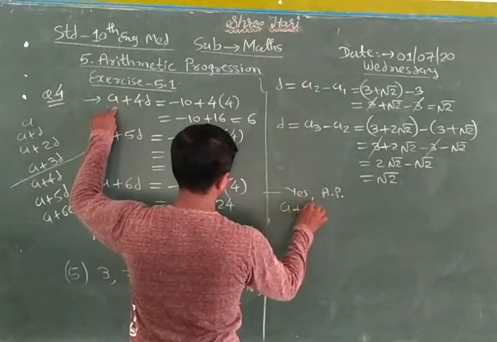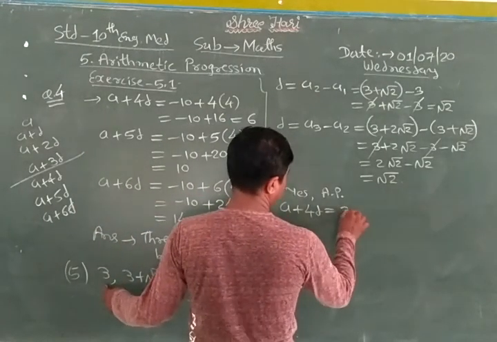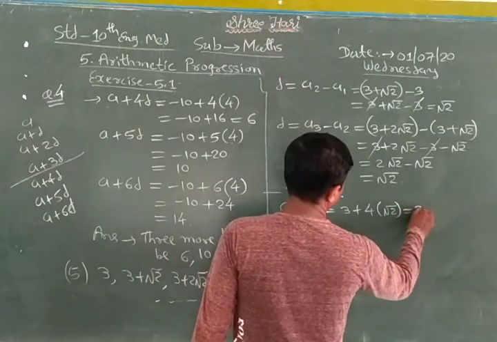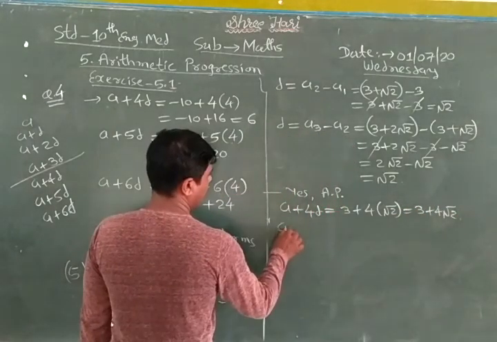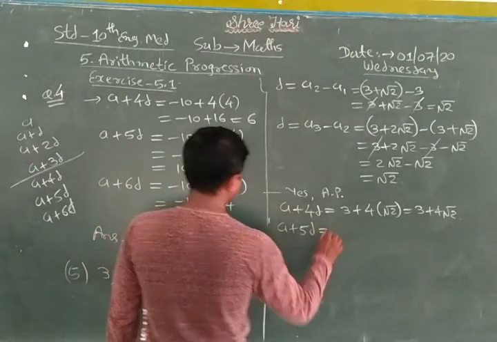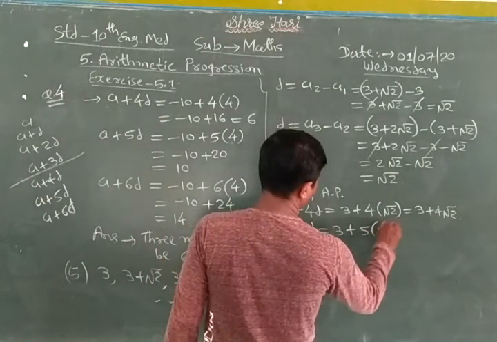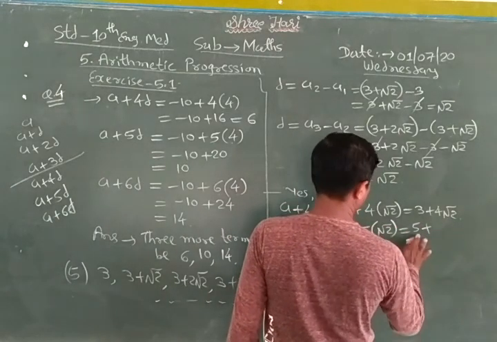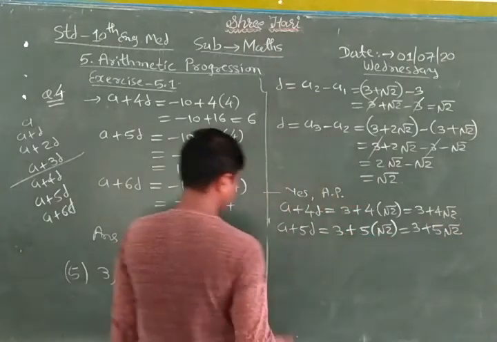So A plus 4D. A value 3, 4D root 2, answer 3 plus 4 root 2. A plus 5D, A value 3, 5D root 2, answer 3 plus 5 root 2.